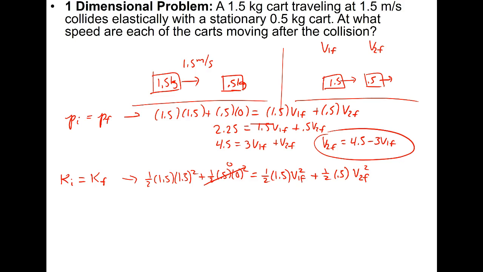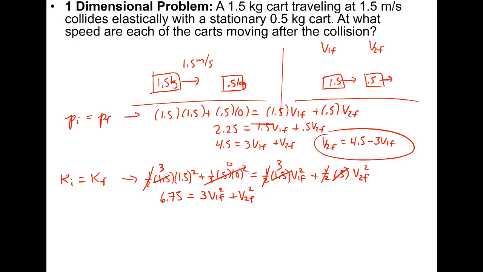Okay, so 1.5 squared is 2.25 times 1.5 again times 0.5 is going to be 1.6875. But here's a little trick. I can get rid of all these 1/2s and I can multiply everything by 2. So that's really going to be 3, and that'll go away. So 1.5 squared times 3 is just going to be 6.75, and that's going to be equal to 3 V1 final squared plus V2 final squared.